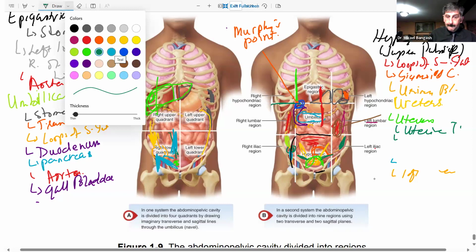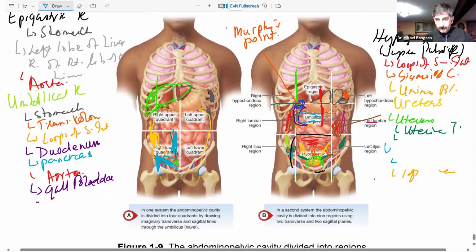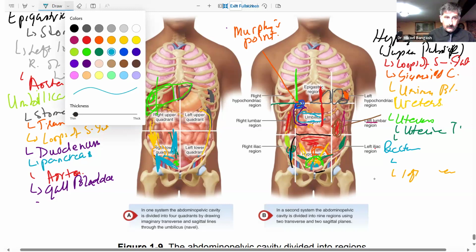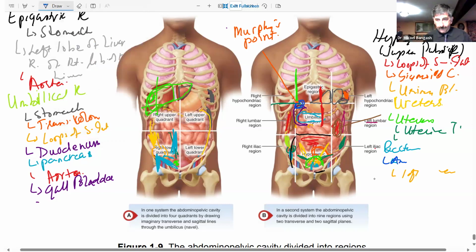At the back, we will have the rectum and the anal canal.